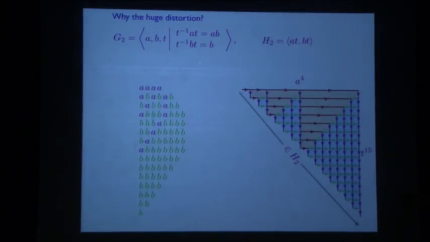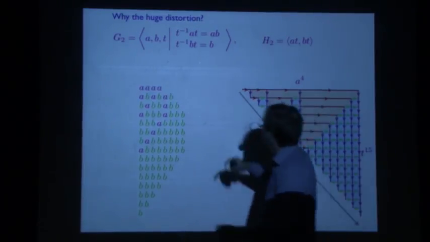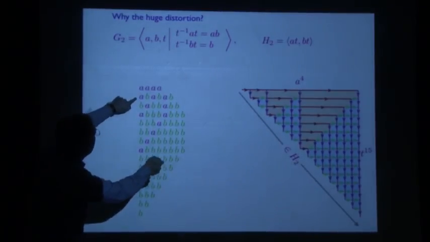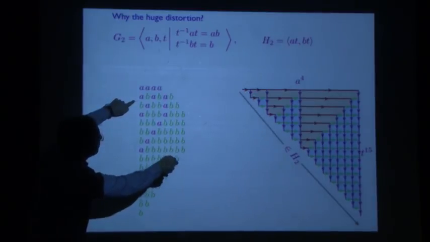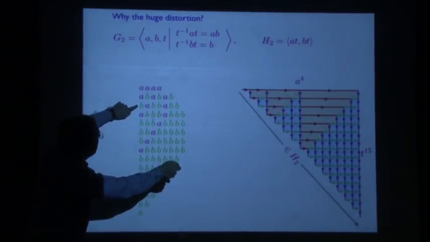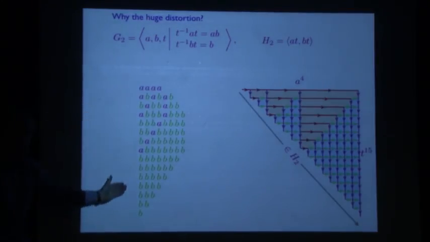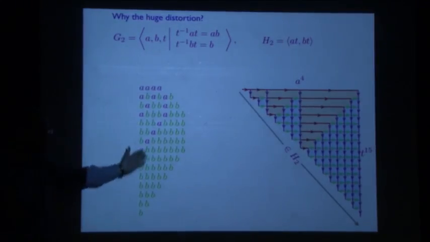And if you look at the words you could read along the horizontal edges here, here's what they are: A to the 4 along the top, AB, AB, AB along the second row, BA, BB, and so on along the third row. What we have here is precisely this Hercules fighting the Hydra thing playing out.